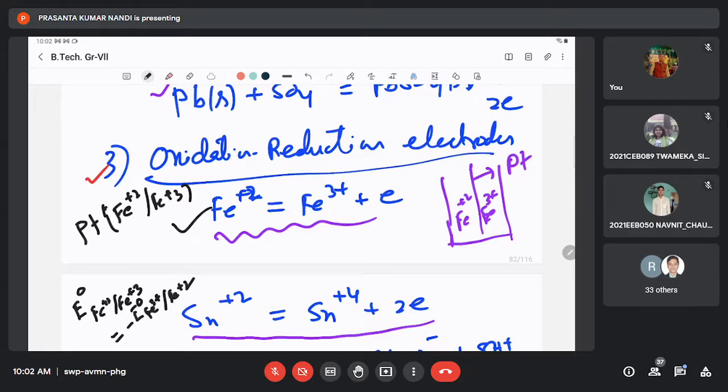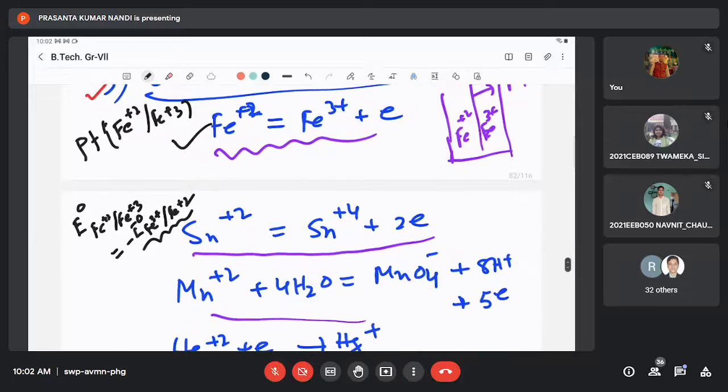That is, the first one is standard oxidation potential, and this is standard reduction potential. So if standard reduction potential is given, then you have to put a negative sign to get oxidation potential and vice versa. Like that. So this is another typical example where stannous and stannic remain in equilibrium.